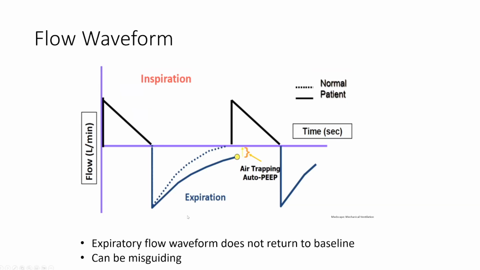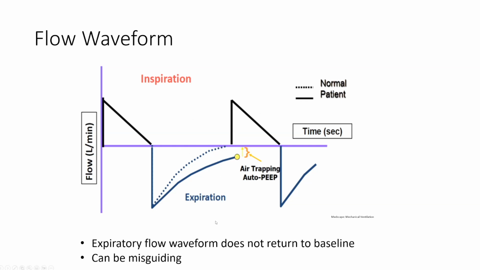Now, this can be misleading for several reasons. Number one, we talked about the concept of dynamic or auto-PEEP without dynamic hyperinflation. Those patients will look like this. They'll breathe so hard that flow will return to baseline, and it'll be easy to assume that they don't have auto-PEEP. But they're breathing so fast that these waveforms are coming in quick succession, even though the expiratory flow waveform is returning to baseline.